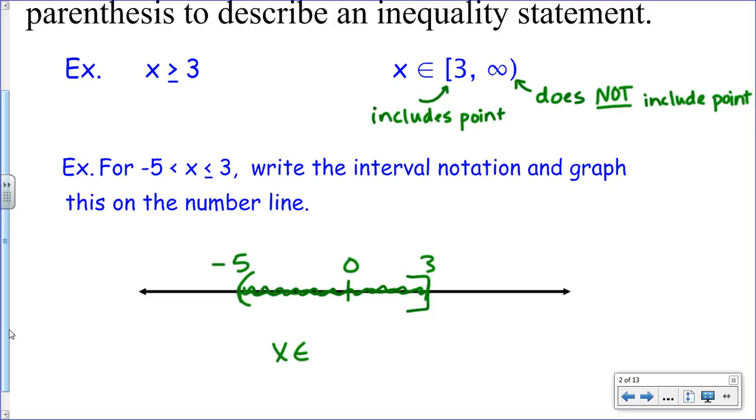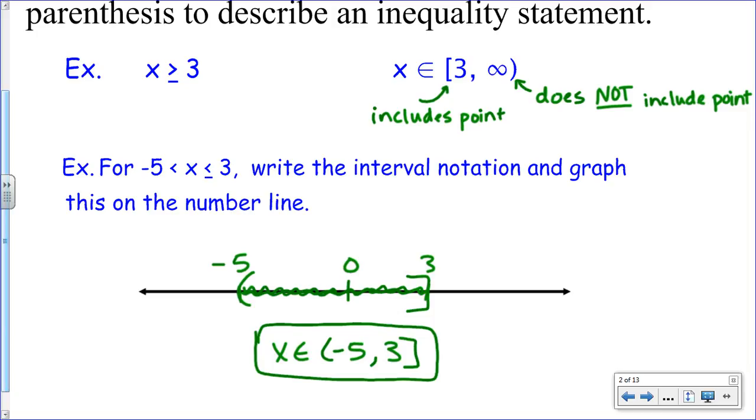So in that interval. And it goes from -5, so parentheses -5, comma, 3, bracket. That is the interval where my solution is. This is the variable x. If this had been a or y or something, you would use that here. Okay, questions about that?